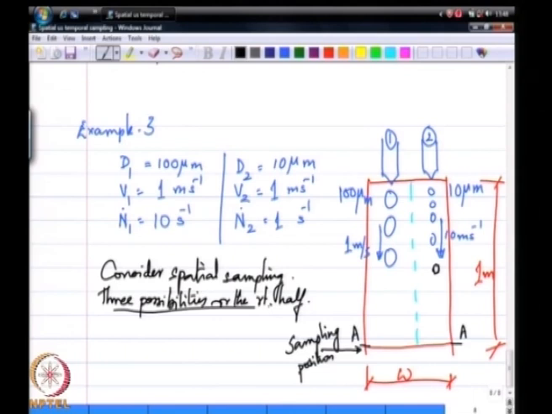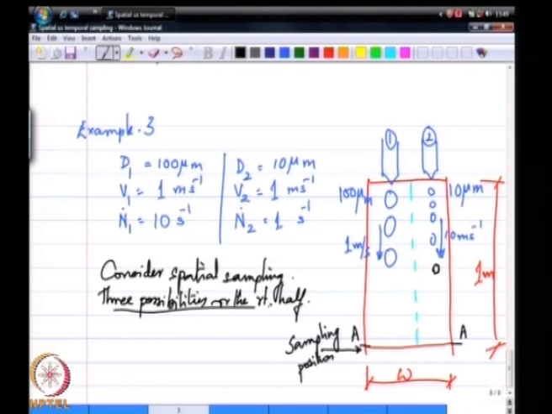So, if we look at the rate of production of the drops of size 2 in this example 3, it is 10 times slower than the rate of production of drops of size 1. So, if I do spatial sampling, I am producing 1 drop per second and that 1 drop is going to move at 1 meter per second.